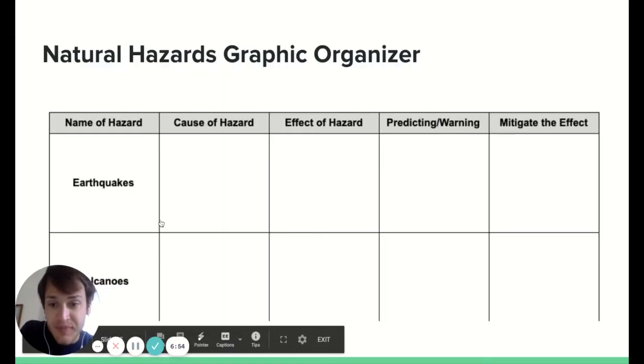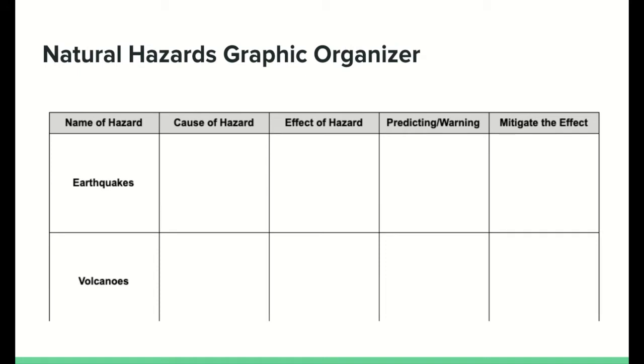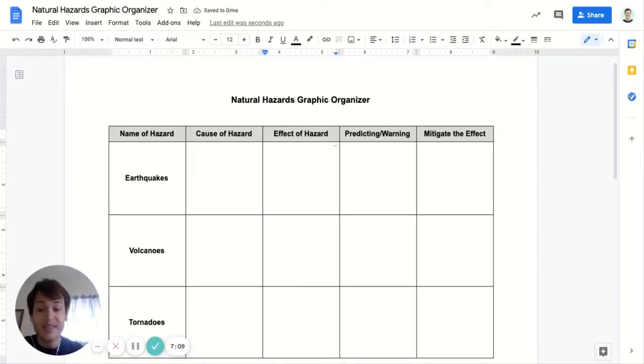And then we're going to move on to the last thing for this lesson, which is the Natural Hazards Graphic Organizer. So if you go on Google Classroom, you are going to see the Natural Hazards Graphic Organizer. It looks like this. And you'll notice the name of this assignment does not have a lesson. Usually, all of my posts start with lesson 46, blah, blah, blah.